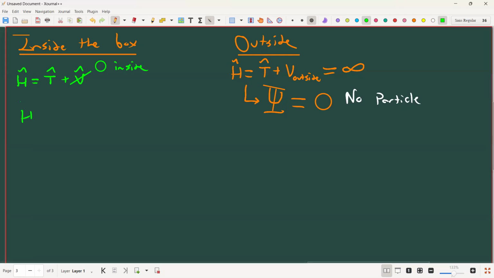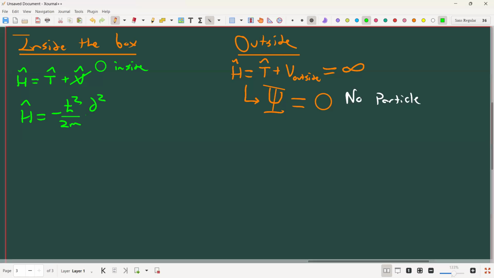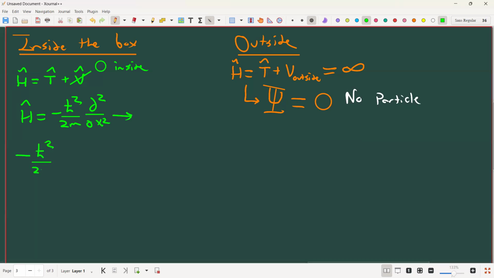So H is equal to minus H bar squared over 2m times the second derivative of our wave function, equal to the energy times psi.